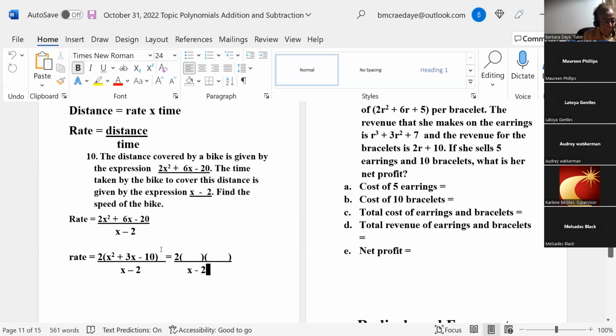Think of 2 numbers: you multiply them to get 10, and you subtract or add them to get 3. What are the 2 numbers? 5 and 2. Now, Maureen, which one has to be a plus?